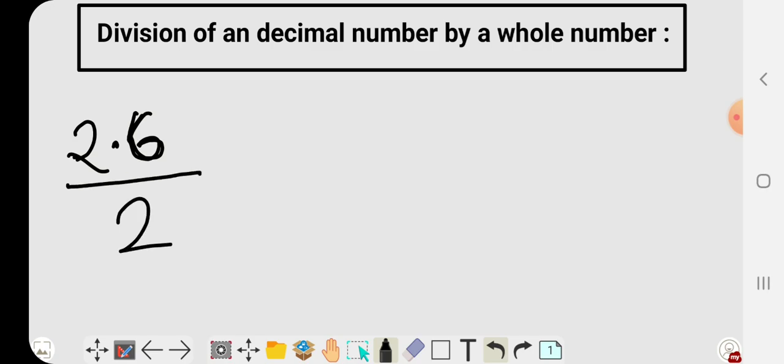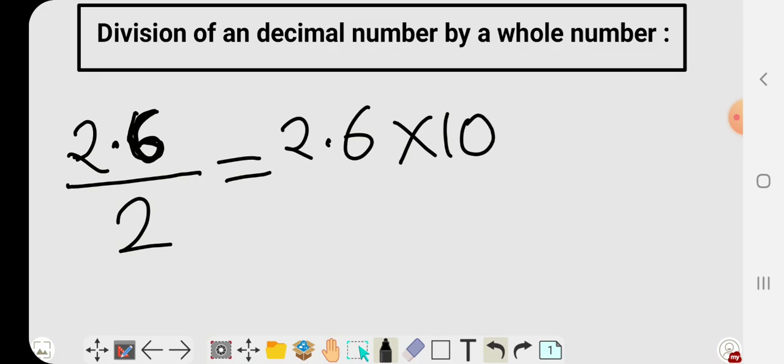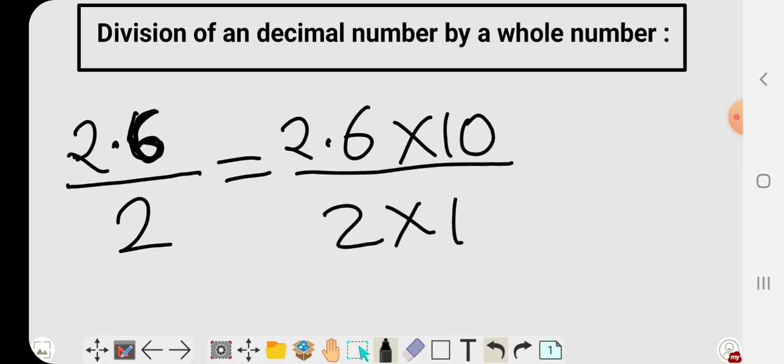You have to divide it by 2. How do we divide? Just see, there is a decimal, so we will remove that decimal. How is the decimal removed? There is one number after the decimal, so we will multiply the number by 10. And not only in the numerator, we will multiply in the denominator also.